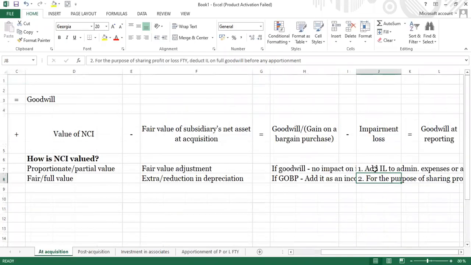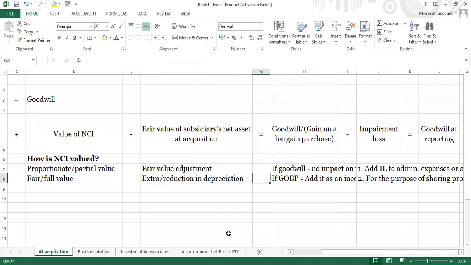So when you get to that part, the impairment loss comes in handy when it's time to share, because when you are done with preparing your income statement, you have to share the profit between the parent and the NCI. So for the purpose of doing that apportionment, if there's an impairment loss on full goodwill, you must share that impairment loss on full goodwill.